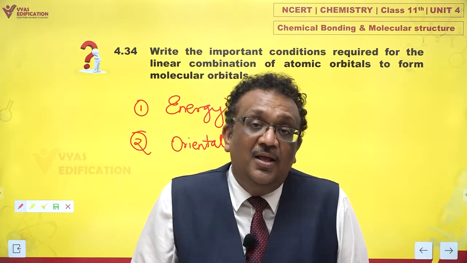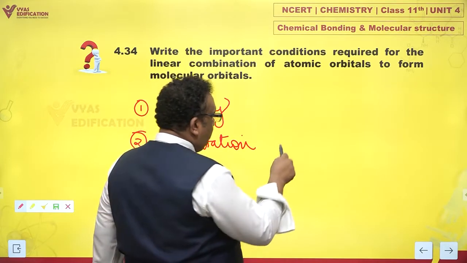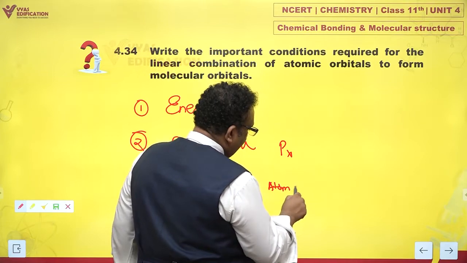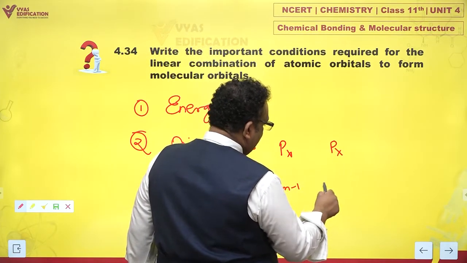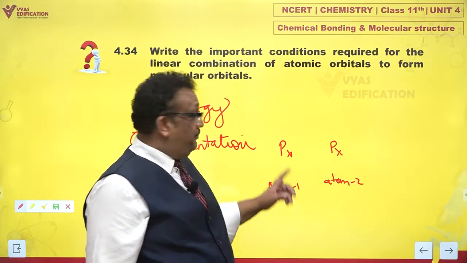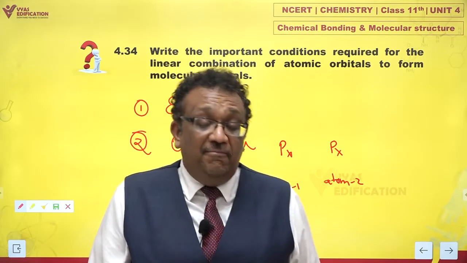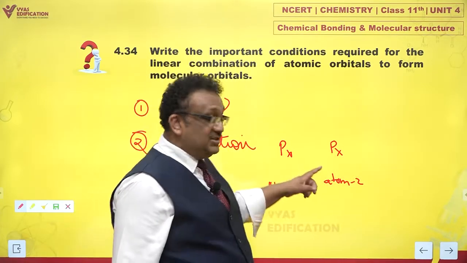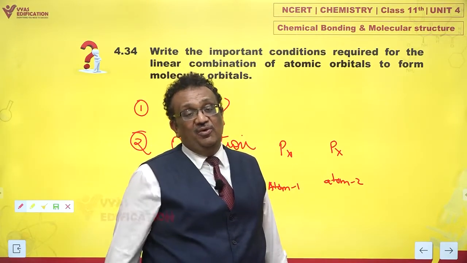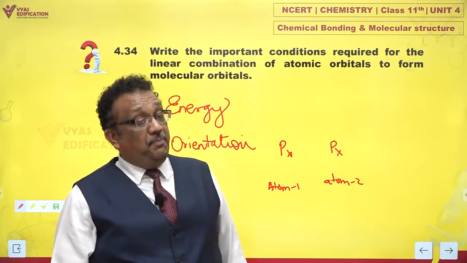By orientation, I mean that px of atom number 1 can combine only with px of atom number 2. Px cannot combine with py or pz. If px combines with another px and they approach along the x-axis only, then you get a sigma overlap. If they approach along any other axis, y or z, you get a pi overlap.